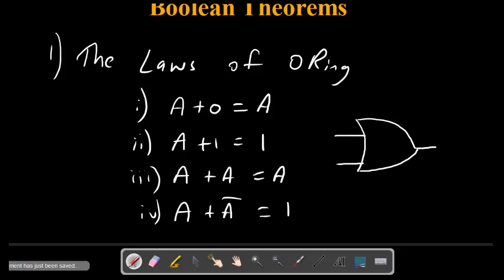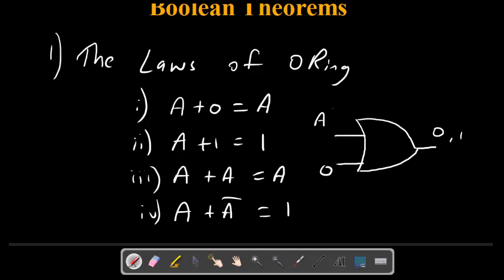So the first one is A or 0. Now A is a variable. A can be 0 or 1. Other input is 0. Suppose we make A equal to 0, so 0 or 0 is 0. And if we make A equal to 1, then 1 or 0 is 1.